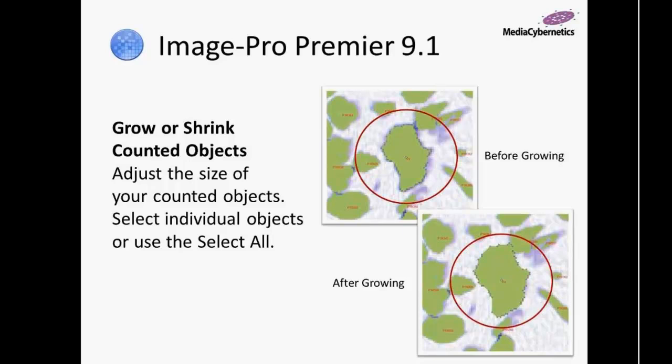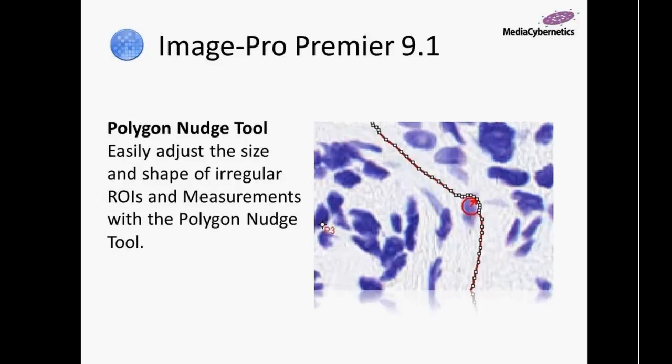Again, we'll report out that data for the segmented area of that particular object. So we can grow or shrink counted objects based upon the needs of the experiment. We've also added a polygon nudge tool. When you're doing these, you can go in now and manually adjust the outlines of the objects if you need to make a few manual adjustments.